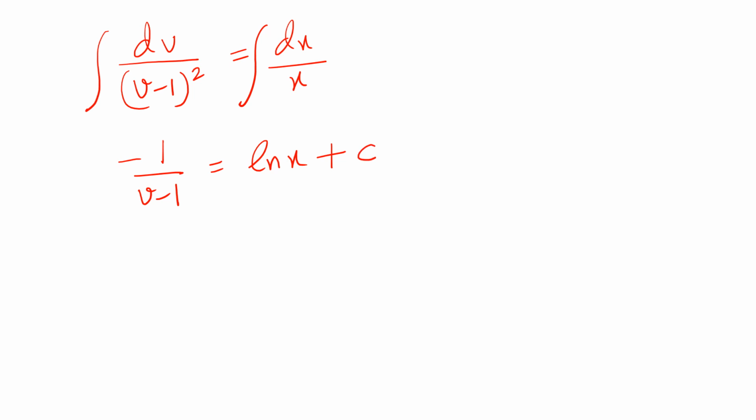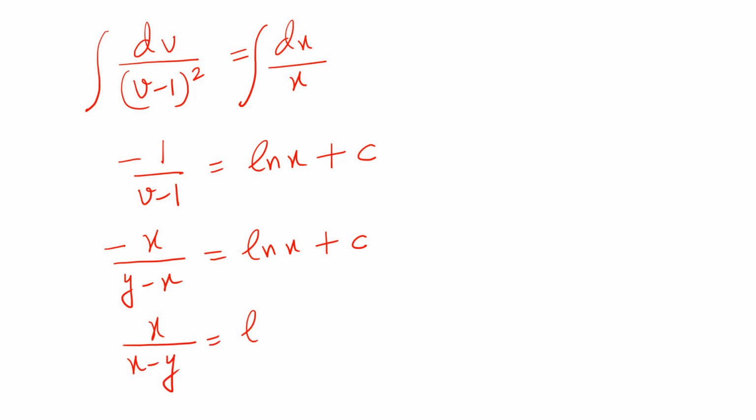Now just replace v by y upon x. So now it becomes minus x divided upon y minus x equal to ln x plus c. Or I can write x upon x minus y equal to ln x plus c.